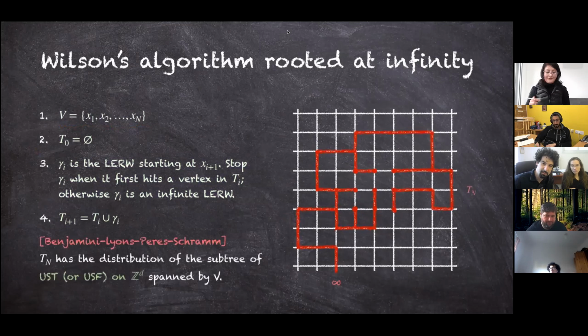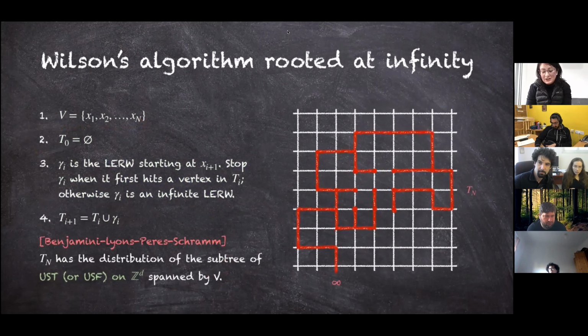So when I finish getting all the loop erased random walks from x1 up to xn, I obtain a random subtree. And the theorem of Itai Benjamini, Russell Lyons, Yuval Peres, and Oded Schramm is that this Tn has the distribution of the corresponding subtree of the uniform spanning tree that is spanned by the set of vertices.